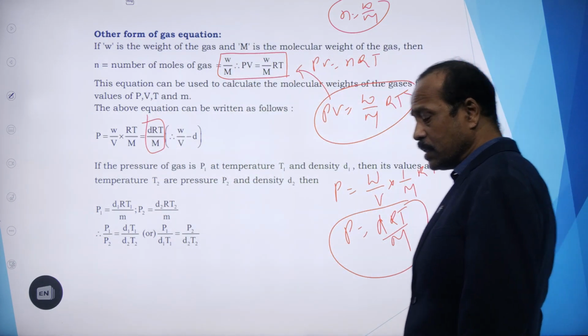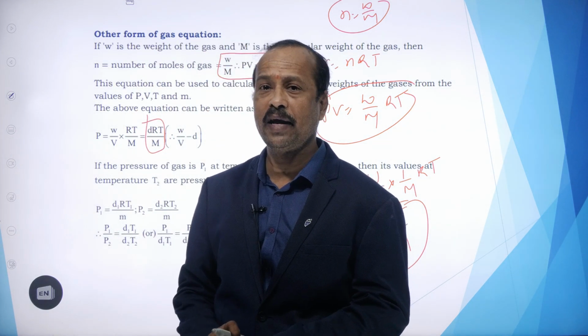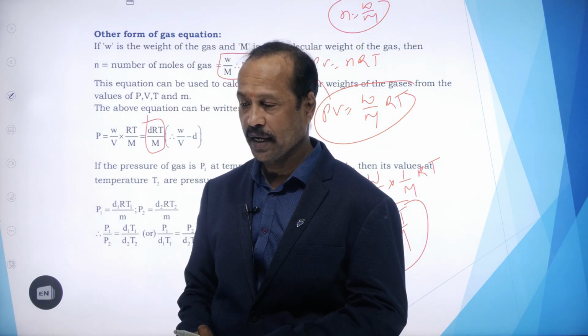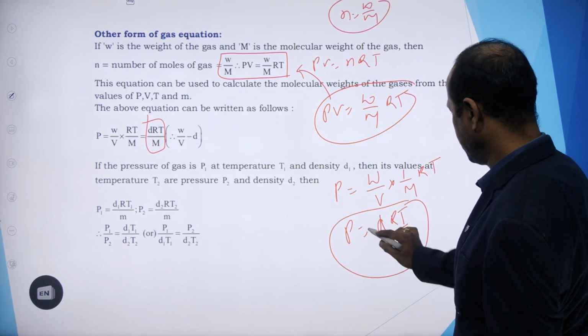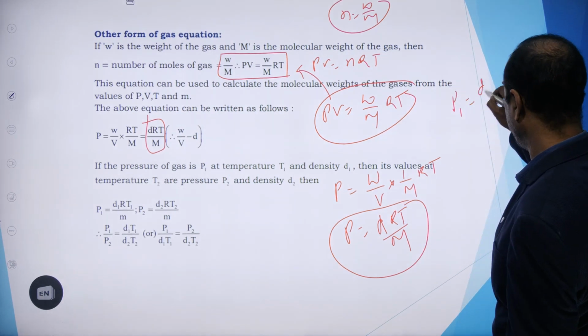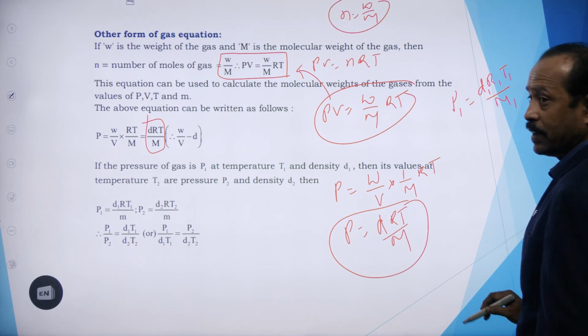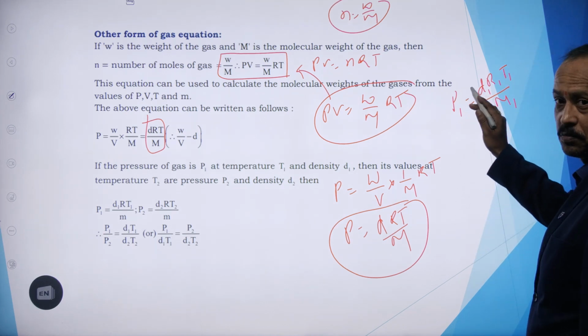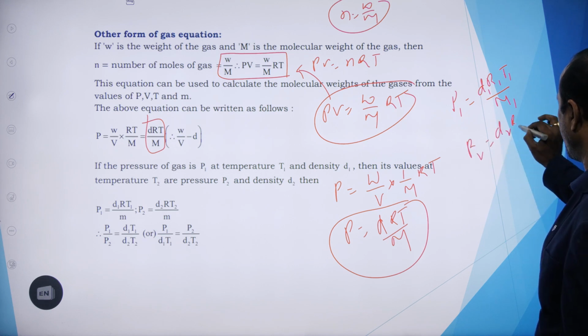Alright, so like this we can write the equations in whatever manner we require. Students, I can write like this: P1 is equal to d1RT1 by M1. Then if I change something here, pressure or something, this will also change, so P2 is equal to d2RT2 by M2.